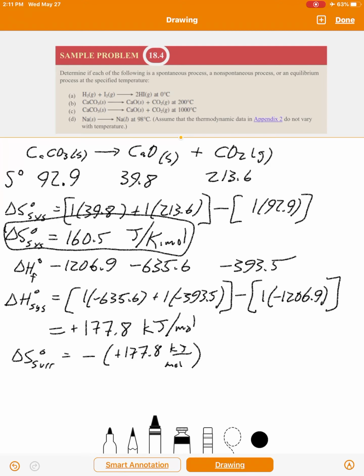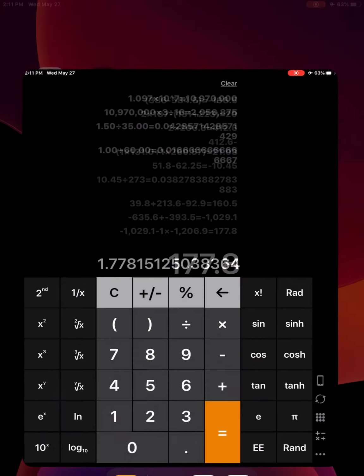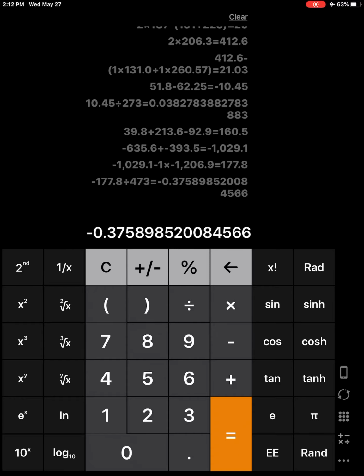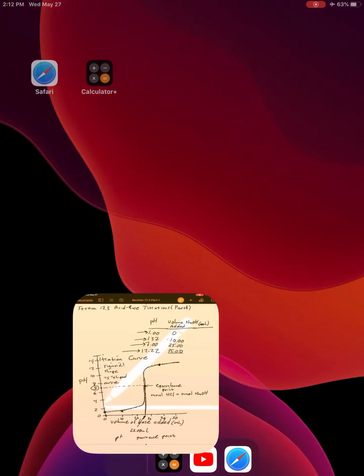But now we have to divide that by T. So for this particular one, it's 200 degrees C. So that would be 473 Kelvin. Okay? So negative 177.8 over 473. So make that negative. Divide that by 473. Negative 0.376.